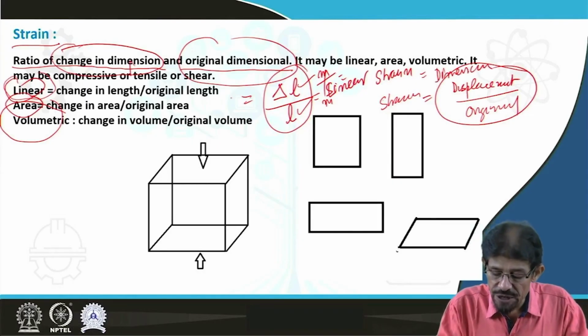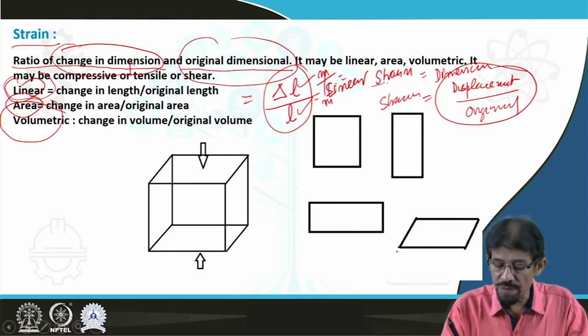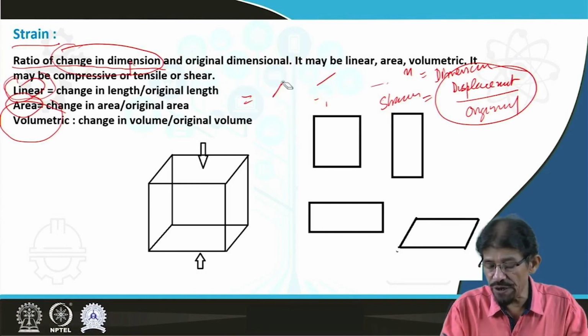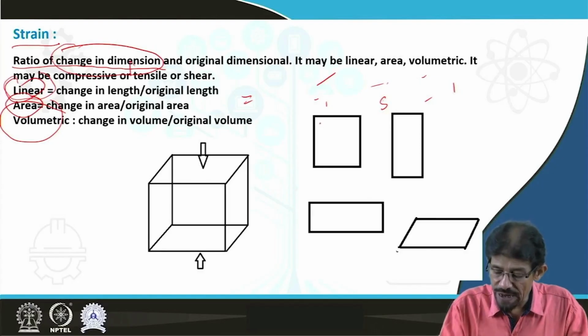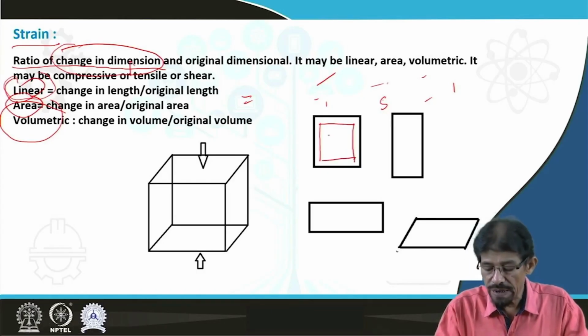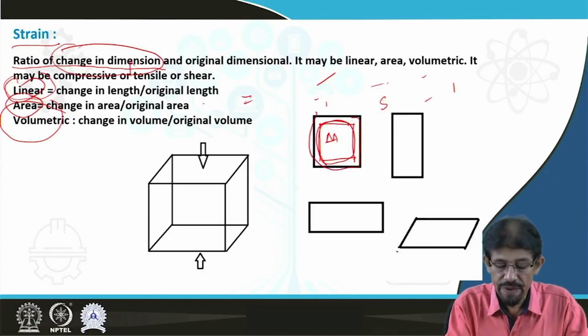Linear strain is dimensionless. Similarly, if there is an areal change, where this zone under compression or other changes undergoes a change in area, then the change in area with respect to the original area is area strain or areal strain.